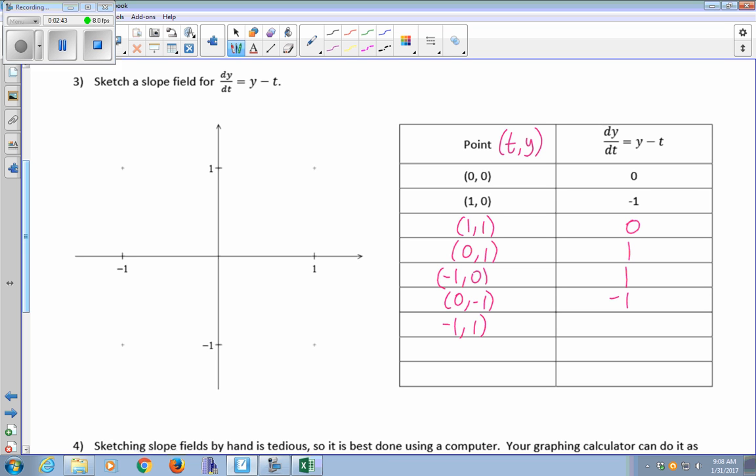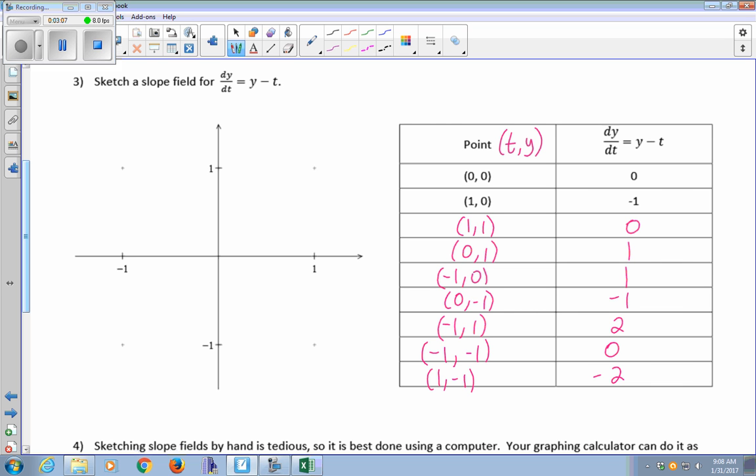Negative 1, 1. 1 minus negative 1 is 2. And negative 1, negative 1. Negative 1 minus negative 1 is 0. And 1, negative 1. So I'm just picking some integer points that I can draw mini tangent lines at. So it comes out to negative 2.